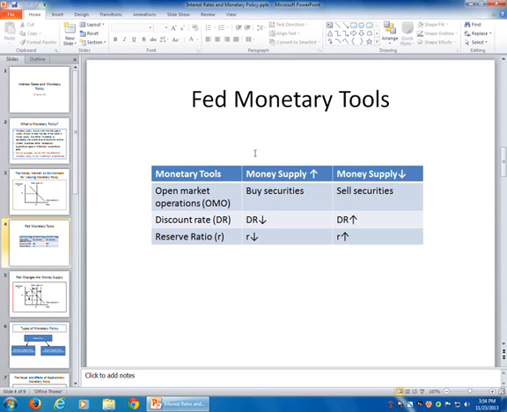Now, once that deposit hits the banking system, as we learned from the previous chapter, it results in the creation of money, because part of the deposit goes into excess reserves, that gets loaned out, and the money supply gets bigger. So when the Fed buys securities, it in effect makes a deposit within the banking system, and that makes the money supply increase through the money creation process.